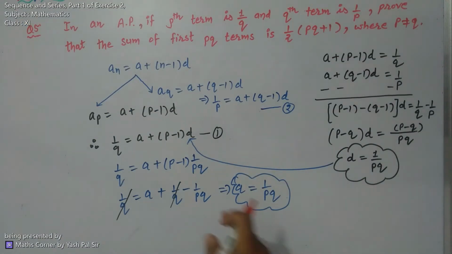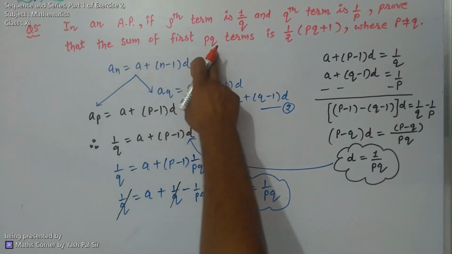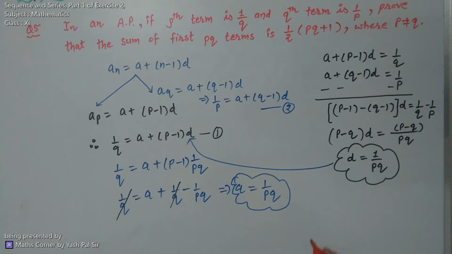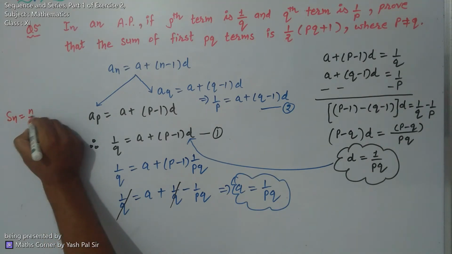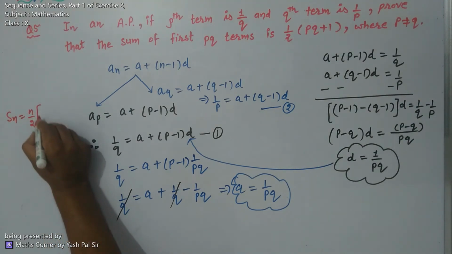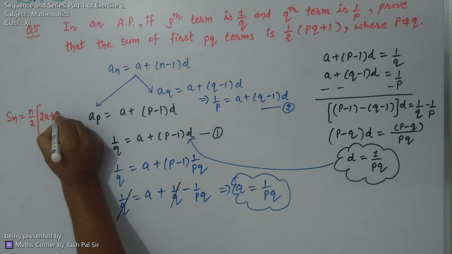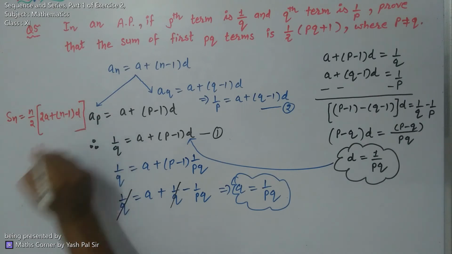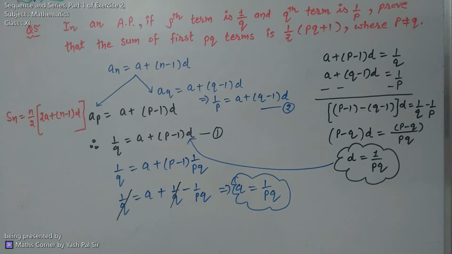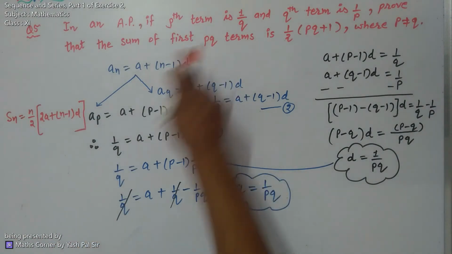Now what is our question? Show that sum of first pq terms. For this we use the formula Sn is equal to n by 2 into 2a plus n minus 1 into d. What is n? N is equal to pq.